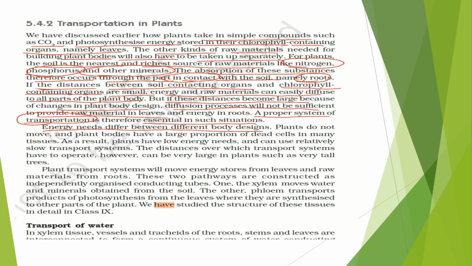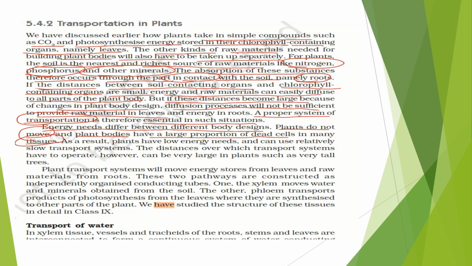Energy needs differ between different body designs. If the plant is short and the route to transfer the raw materials or energy is short, then the energy required is less. If it is more, then the energy required will be more. Plants do not move, and plant bodies have a large proportion of dead cells in many tissues.